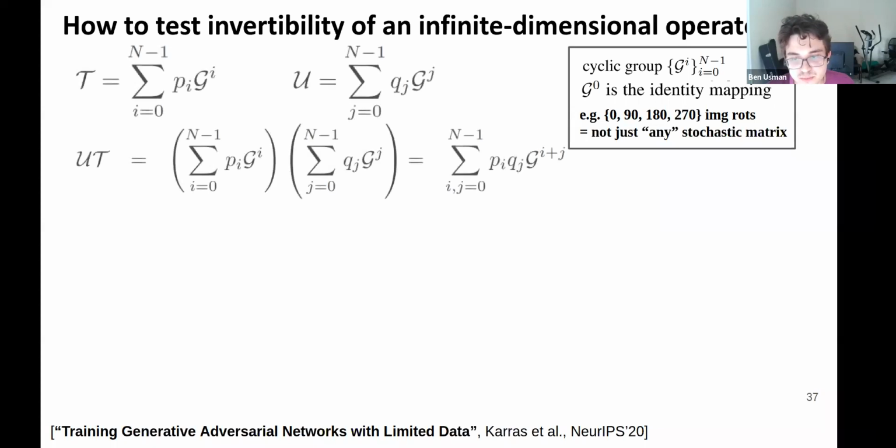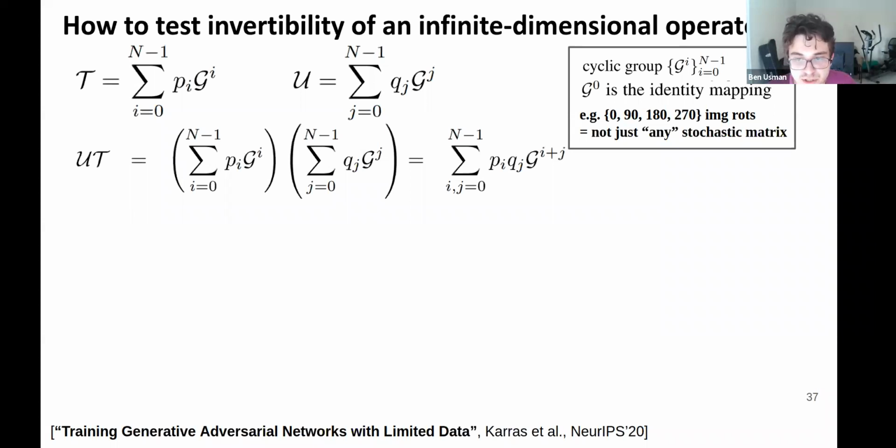More specifically, in this proof, they show how to construct an inverse of such a random rotation operator if it satisfies certain properties. Assume that G_i's are elements of our group of augmentations that correspond to deterministic rotations by 90, 180, and so on. Then any possible random rotation policy is a linear combination of these atomic augmentations with weights equal to probabilities of rotating by that angle, as I showed on the previous slide.